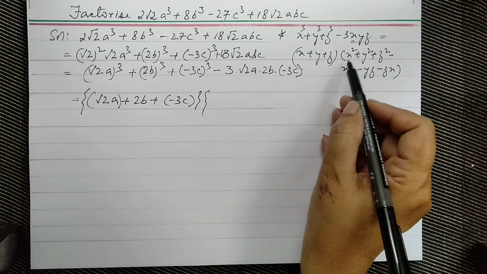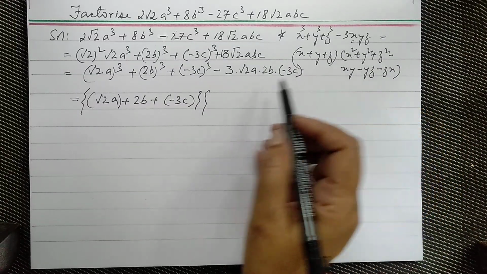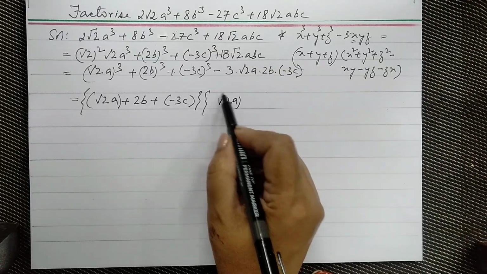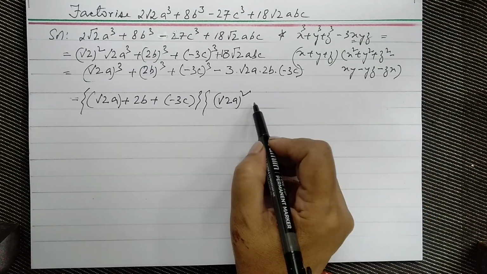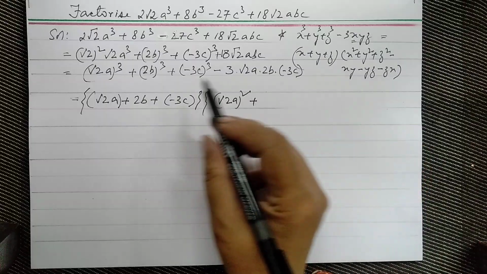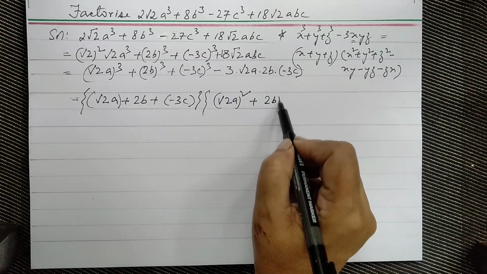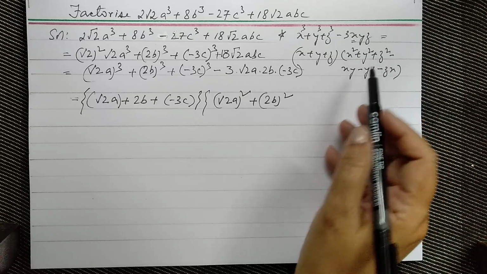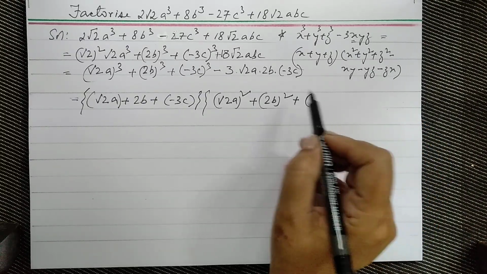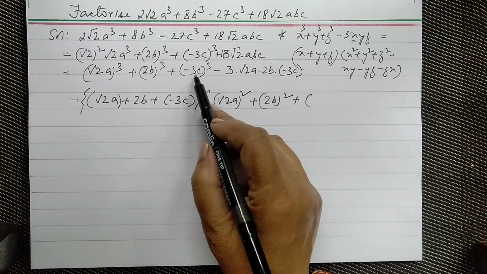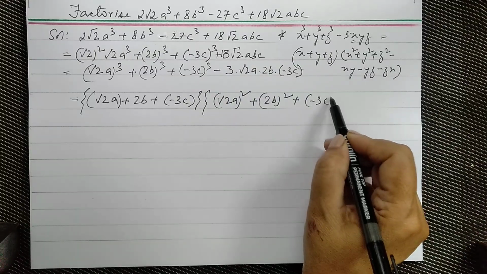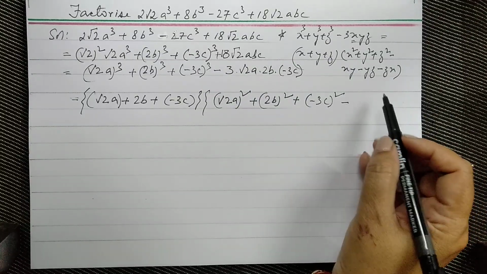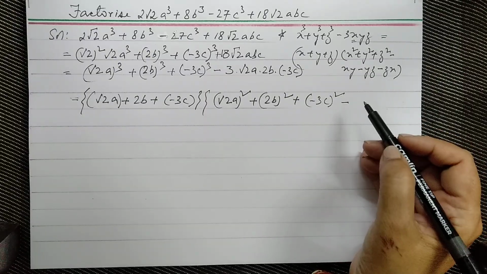The next bracket will have x square, so x square means root 2a whole square. Y square means 2b whole square, and plus in bracket we have minus 3c whole square, and then minus xy.